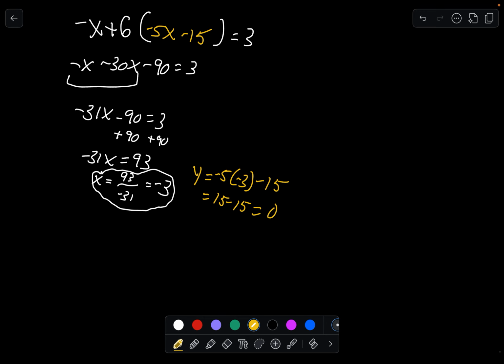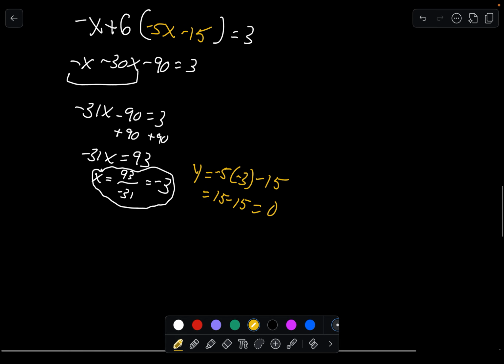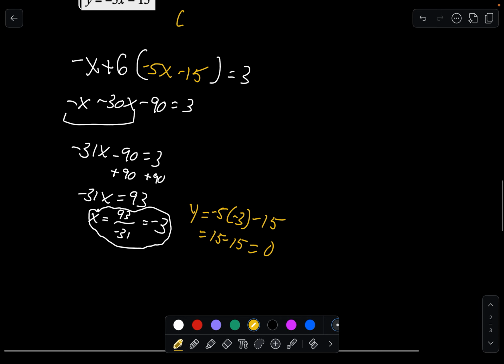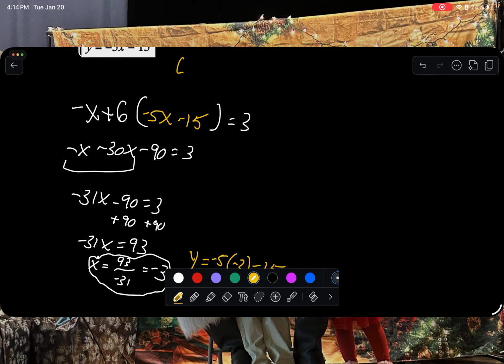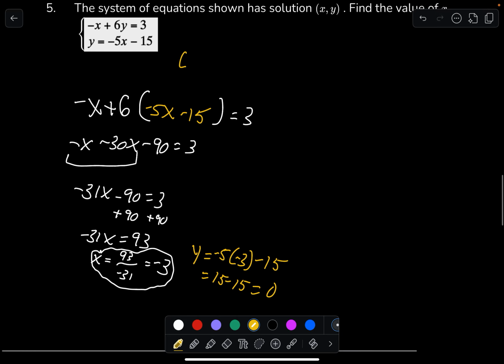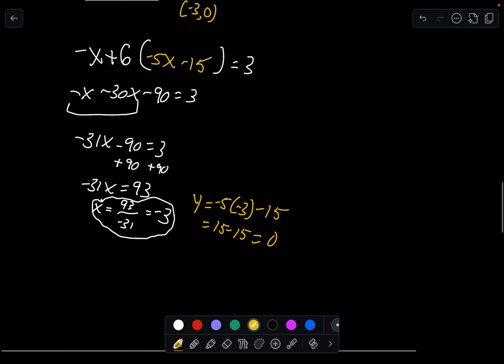That equals 0. So the value of x is -3. The value of y is 0. It's the point where the graphs cross, at -3, 0. Okay, but they only wanted you to solve for x.